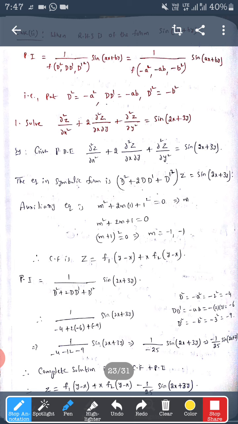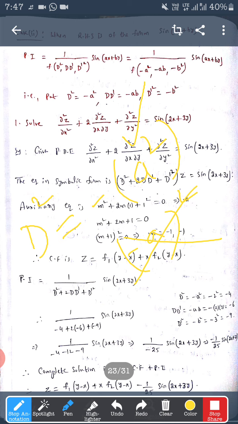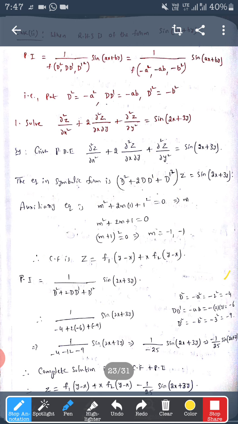In place of D², we have to write minus a². That means after squaring only we have to write minus, not minus a whole square. Be careful, this is different. Therefore, in place of D², minus 2² which is minus 4. DD' is minus ab, that means minus 6.